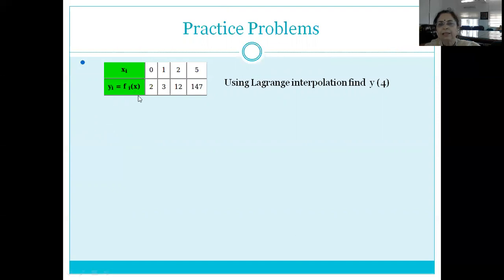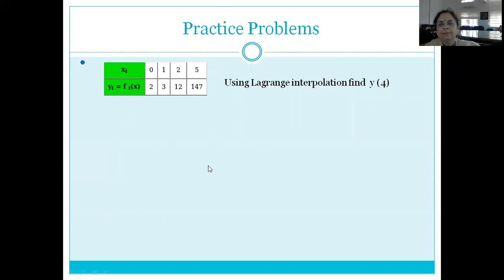We can calculate L0 equal to x minus 1 into x minus 2 into x minus 5, where I have not considered the 0 value, divided by 0 minus 1, 0 minus 2, 0 minus 5, as the first weighing factor. So you can have L0, L1, L2, L3 as 4 weighing factors calculated separately.